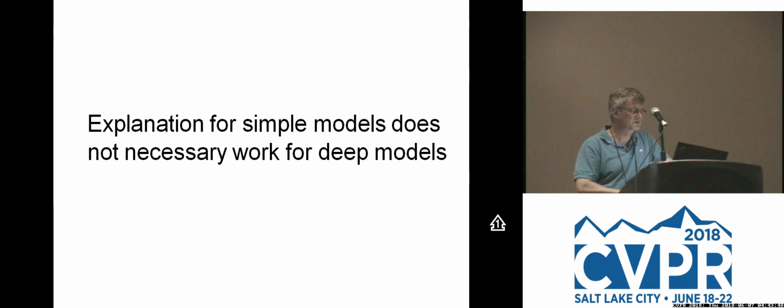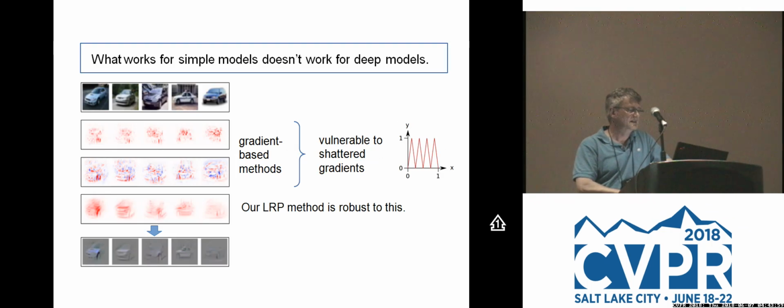The explanations that you get for simple models do not necessarily work for the deep ones, and we've shown examples for that. These are cars, and you have these gradient-based methods that make this a bit colorful, which already shows that it's vulnerable to gradient shattering.